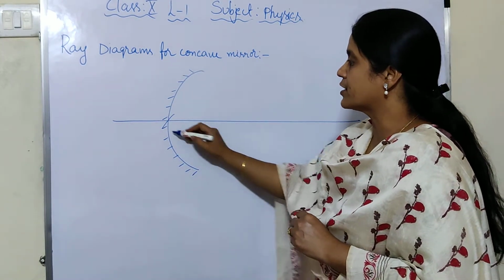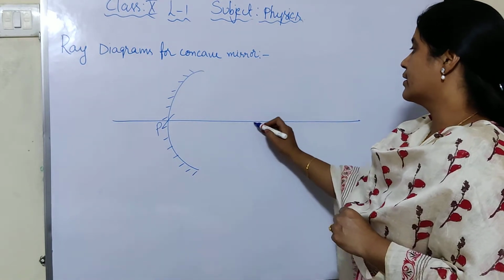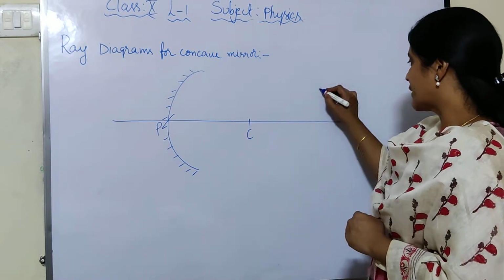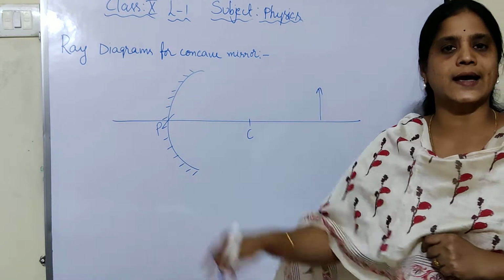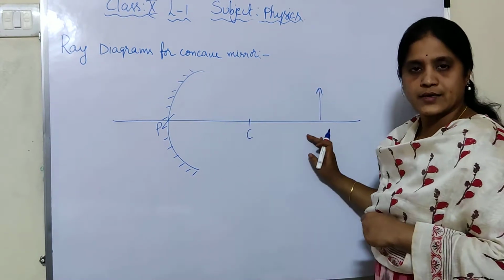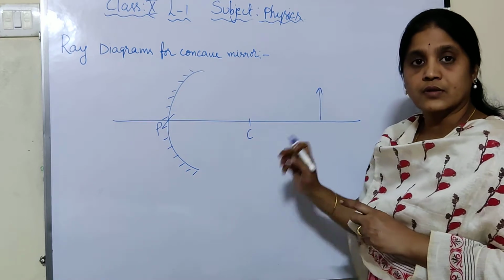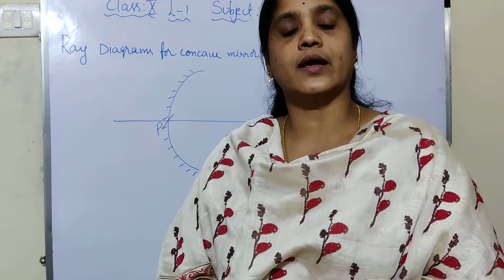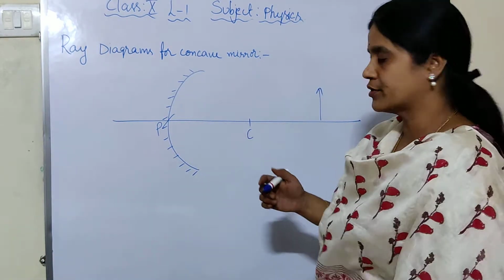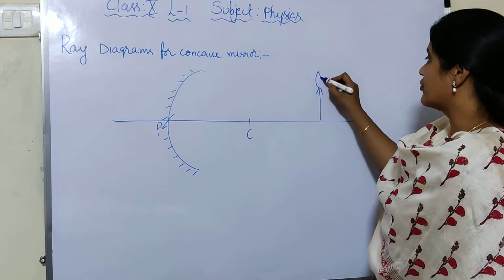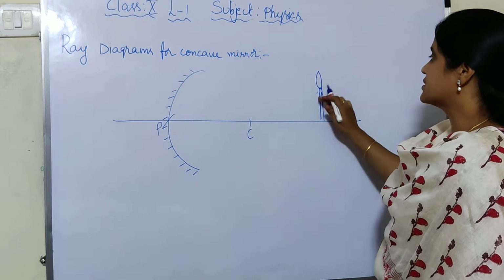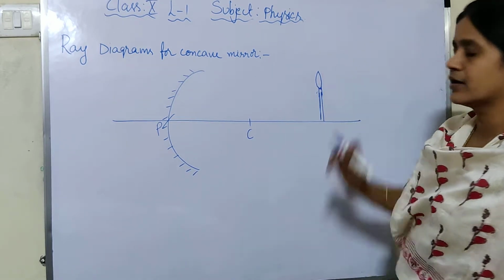The center of the mirror is known as the pole, and it has a center of curvature C. Now if you place a source of light like a candle on this principal axis, we will find out what type of image you will get and where. This is the candle, and this is the flame, the tip of the candle.